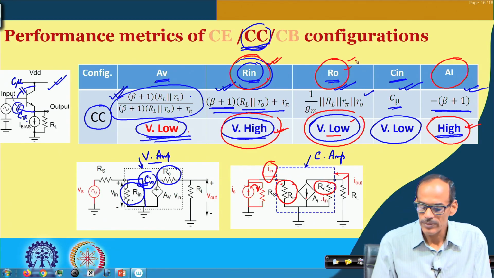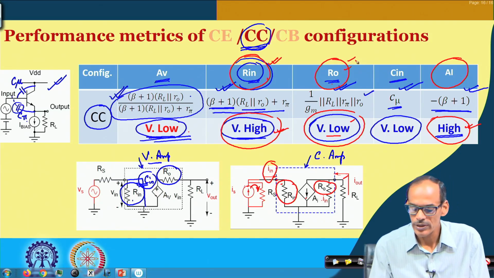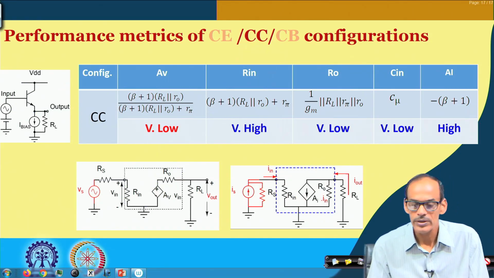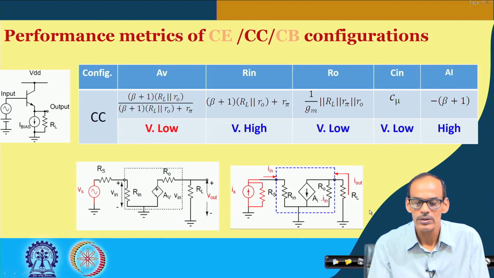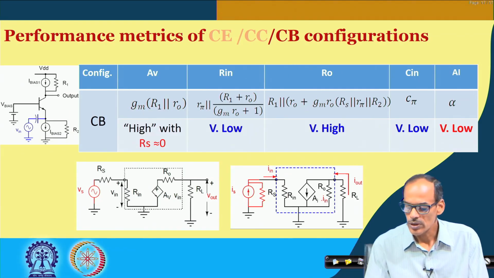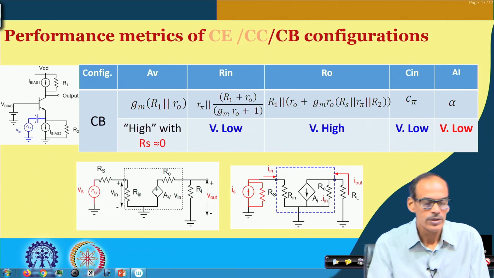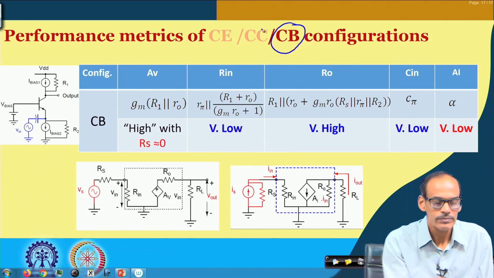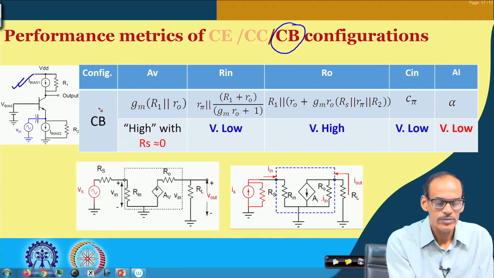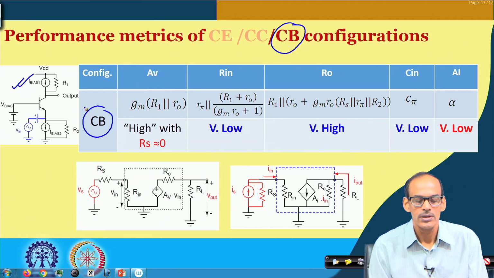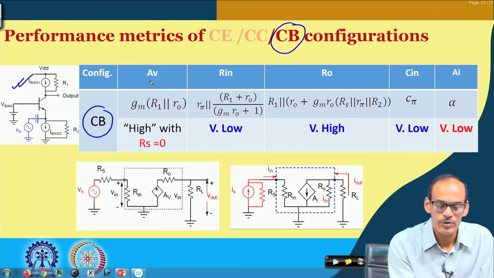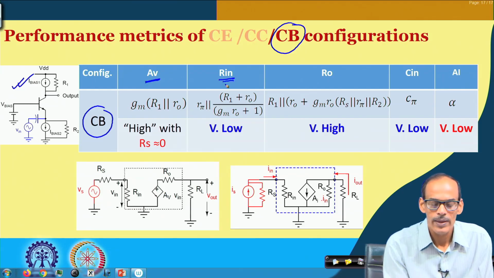So, likewise if you go to the third configuration, namely the common base configuration. In common base configuration, here we do have the circuit diagram, and we already have detailed derivation of different performance parameters given here.